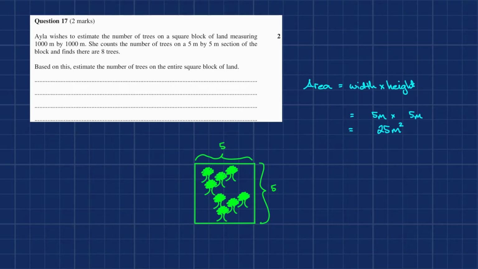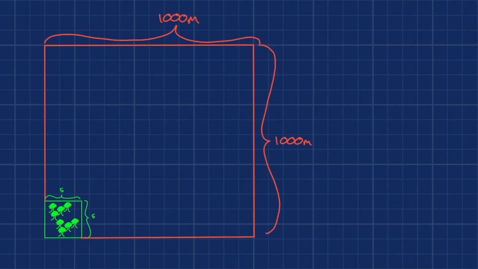And remember that squared because it's important. So the number of trees are 8. So we have 8 trees per 25 meters squared, which gives us 0.32 trees per meter squared, right? So now let's draw up the 1,000 by 1,000 meter block. Taking our value from before, 0.32 trees per meter squared.